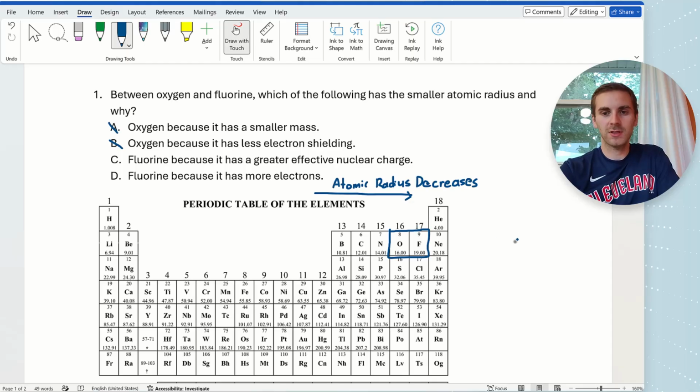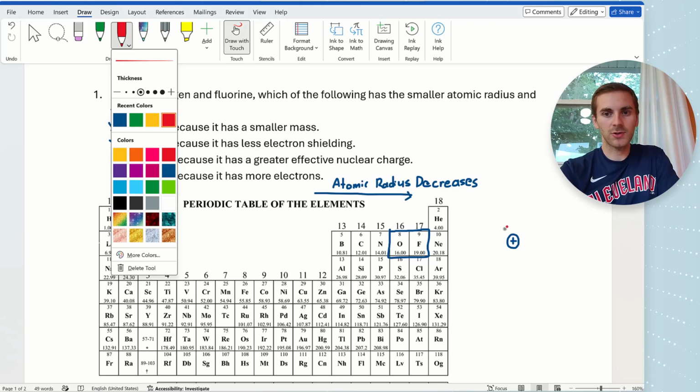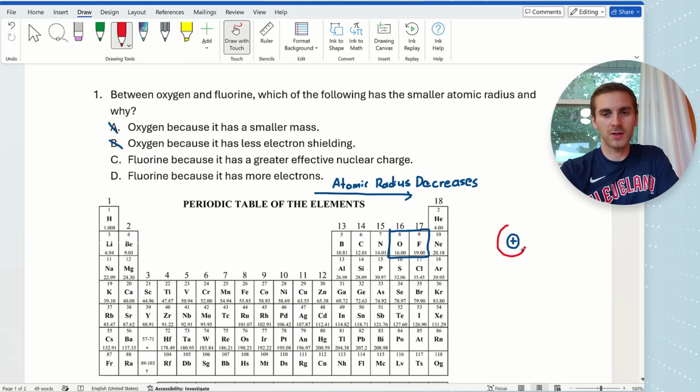And the reason is because your protons are in your nucleus, which is in the center of the atom, and they're positively charged. And then you've got your electrons in the energy levels around. Let's just think of the Bohr model.